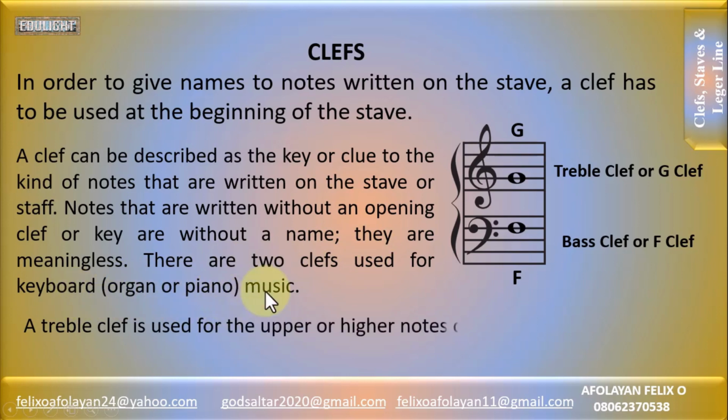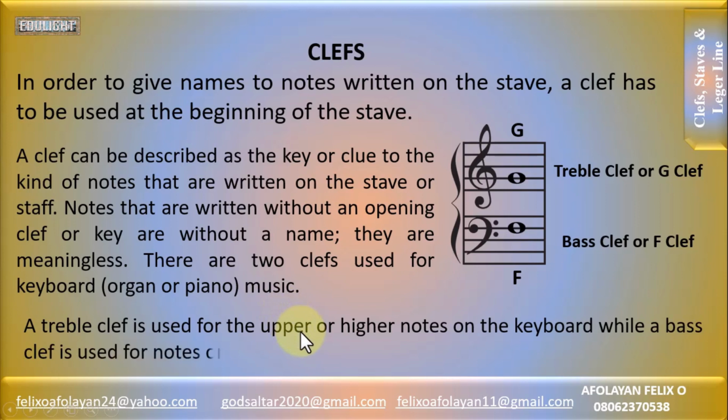A treble clef is used for the upper or higher notes on the keyboard, while the bass clef is used for notes on the lower part. This is the bass clef, this is the treble clef, also called the F clef and the G clef.